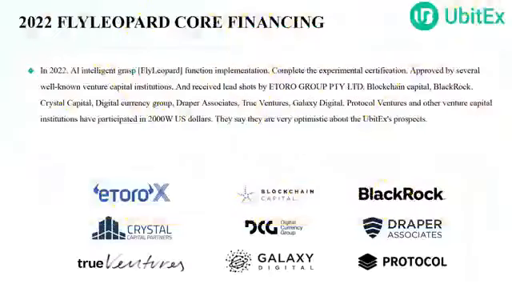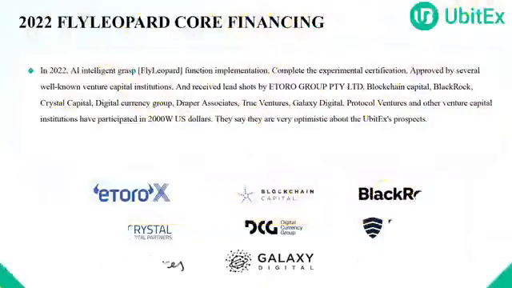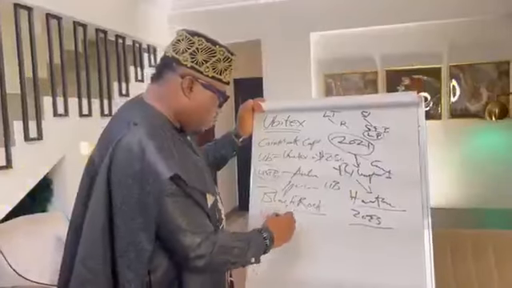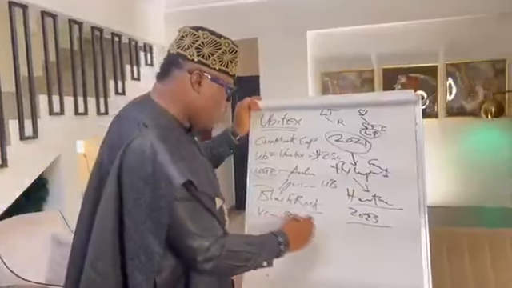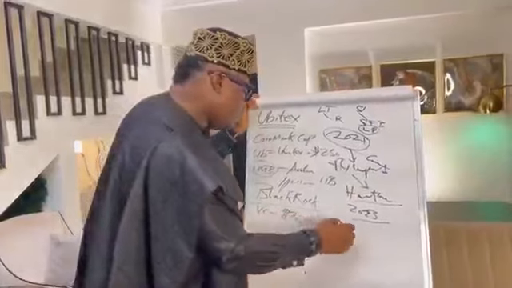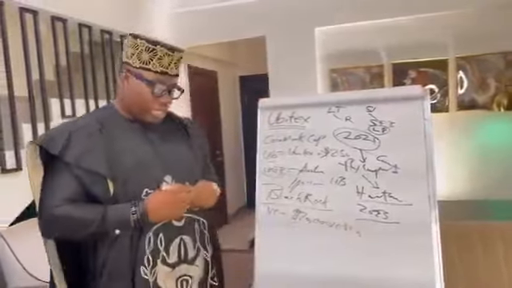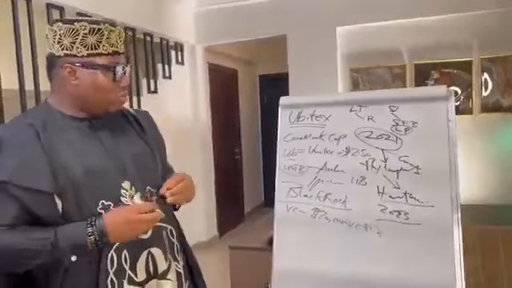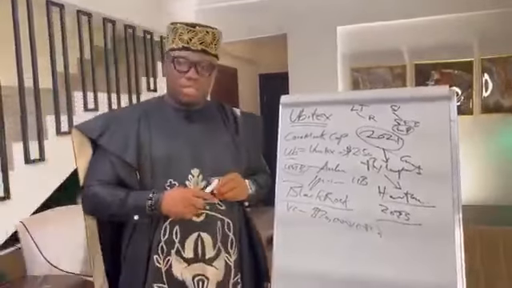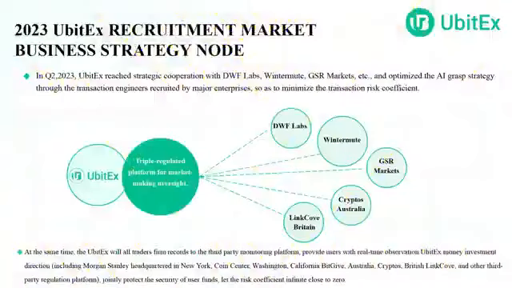BlackRock finds these guys interesting, you know, say, you know what, we're going to, as a VC firm, they gave them $20 million from the information I saw in my research. And guess what? Ubit has done an amazing job with this money, because with this money, Ubit has been able to build their ecosystem to something that can compete with every other exchange out there.